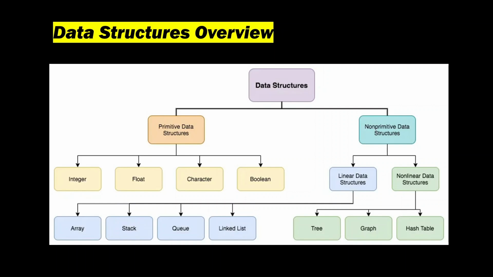There are two main types under non-primitive data structures, which are linear and nonlinear data structures. Under the linear data structures, we have array, stack, queue, linked list. On the other hand, nonlinear data structures are tree, graph, hash table.